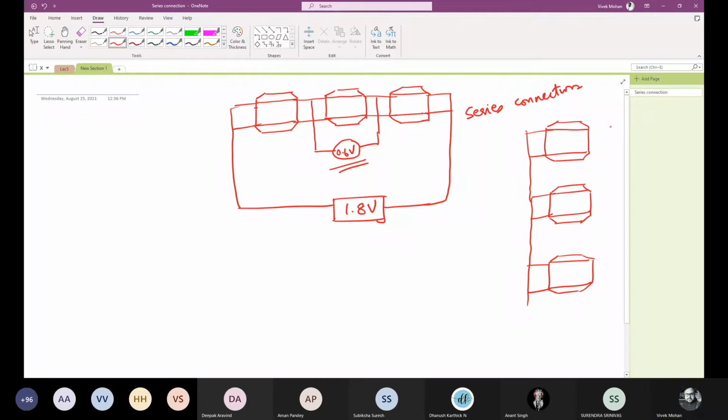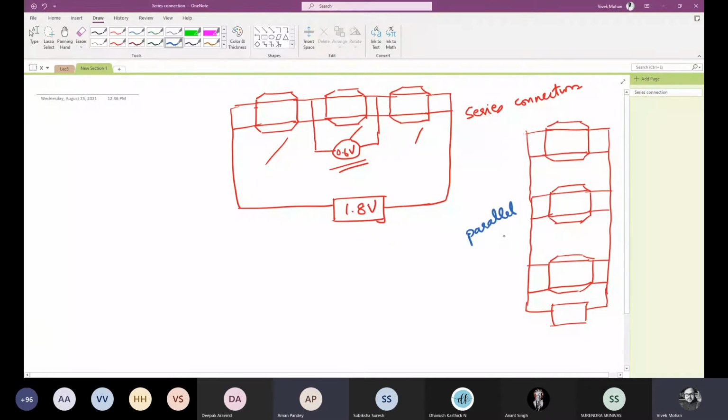What will be the voltage if the same three cells are used here for parallel connection? It will be 0.6 volt. So this is basically the series and parallel connection of different cells.